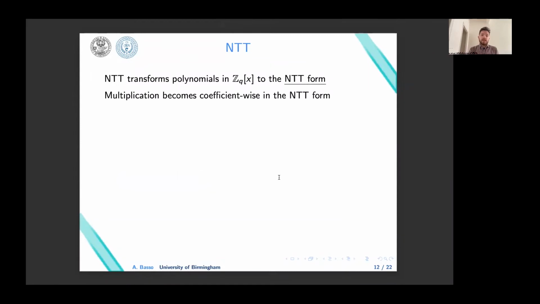The NTT, or number theoretic transform, is basically the finite field equivalent of the fast Fourier transform. It takes one polynomial and transforms it into the so-called NTT form. Now, this does not compute the multiplication directly, but it speeds things up because once we have two polynomials in the NTT form, then multiplication is simply coefficient-wise multiplication.